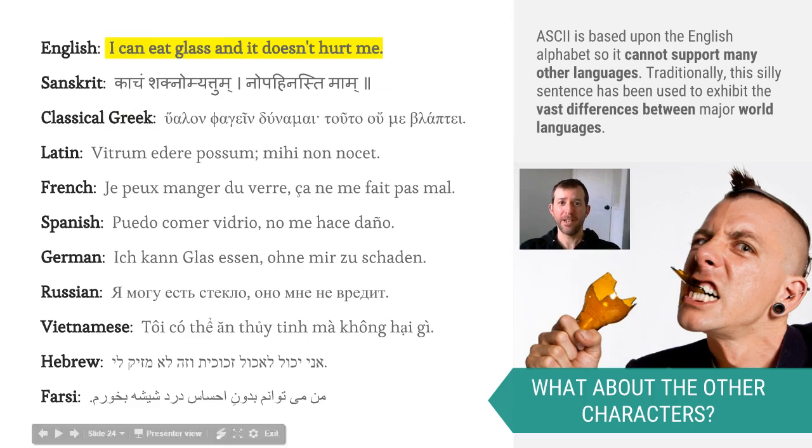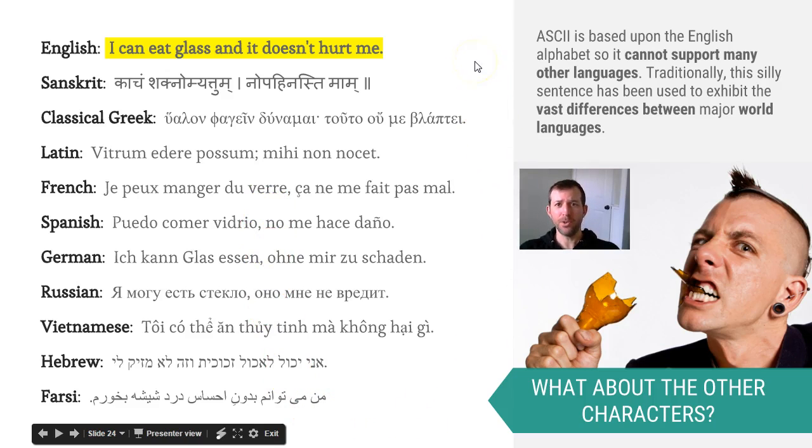Obviously, not everybody speaks or writes in English. So this ASCII encoding scheme really wasn't going to work for very long. I always use this to show students just how diverse our world is. This is "I can eat glass and it doesn't hurt me" in English. And this is the translation into many of the world's most popular languages.